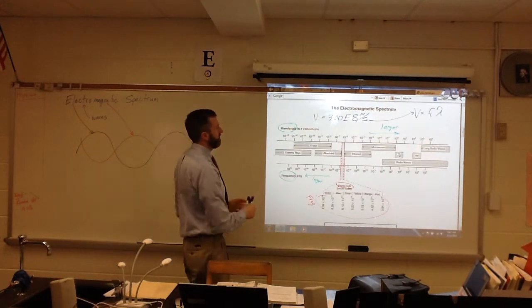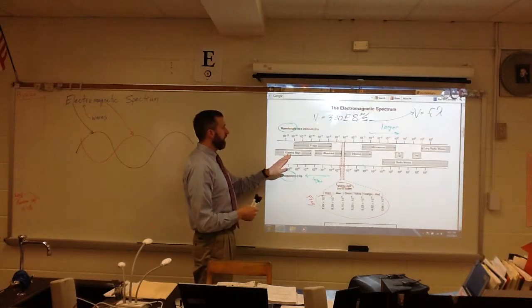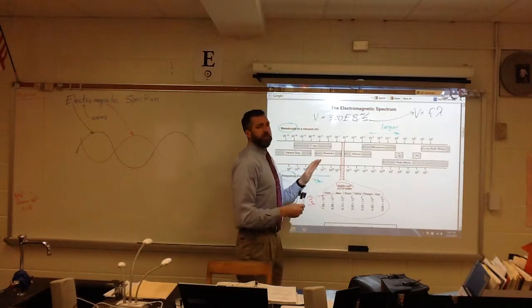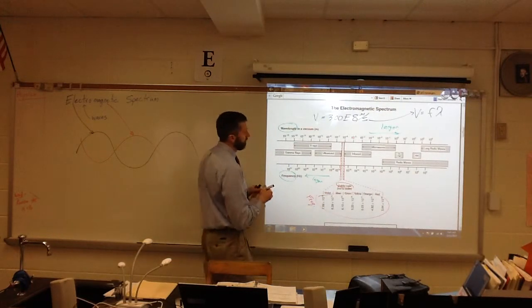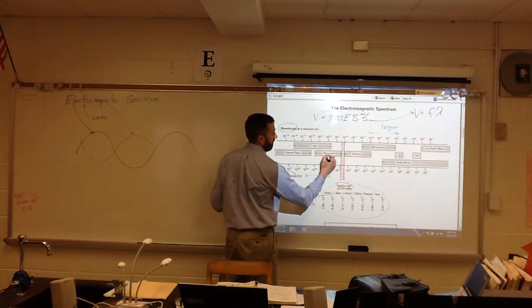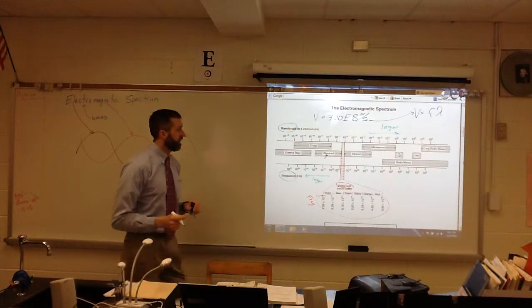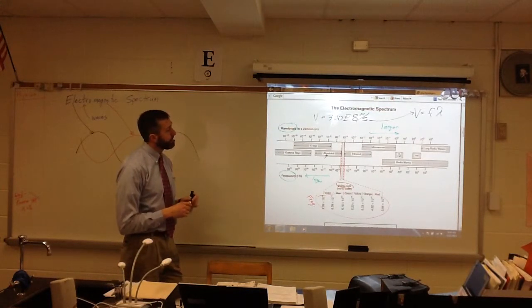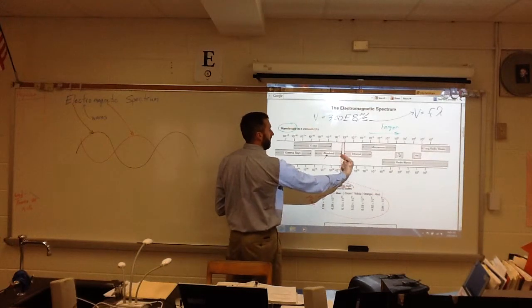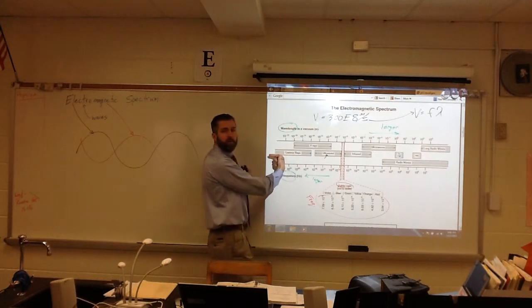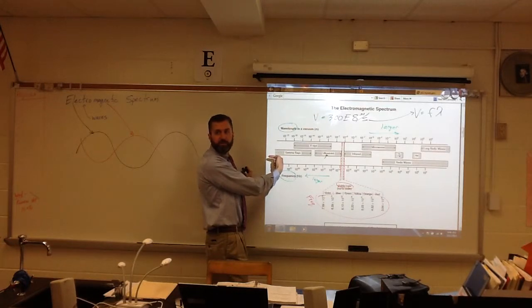Now let's just break down a few of these. If you like to tan, you are going to focus ultraviolet light on your skin. Okay? Now, basically what I want to say is that things to the left of visible light become more and more dangerous to humans.